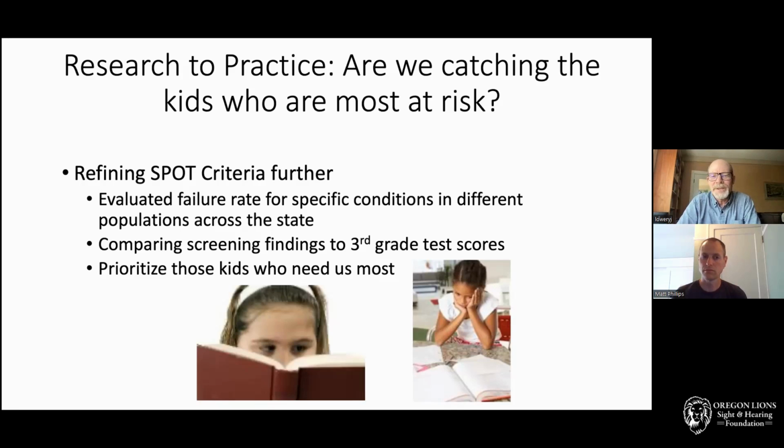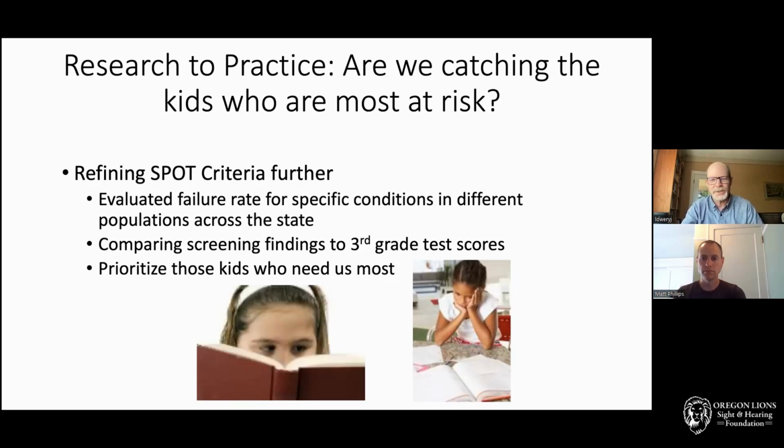The second thing we did is we wanted to know, is there a relationship between children who fail screenings and academic performance? We were able to get third grade test scores on kids in one big district in Oregon and compare that to our screening findings.